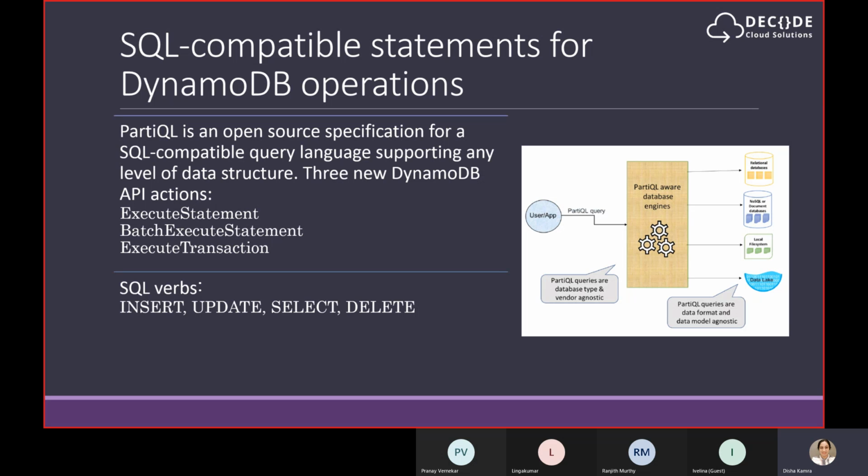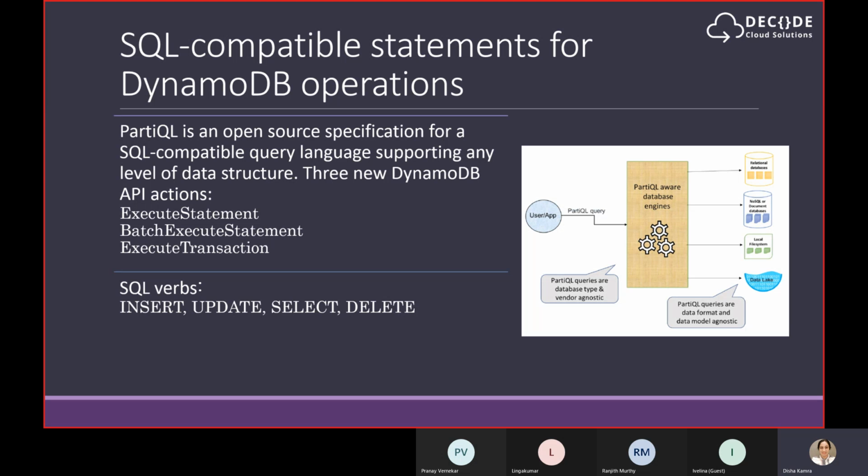We wanted to add this for DynamoDB also to provide a nicer end-to-end experience for the customer. It was initially implemented with three new DynamoDB API actions: ExecuteStatement, BatchExecuteStatement, and ExecuteTransaction. It supports statements including the SQL verbs insert, update, select, and delete.